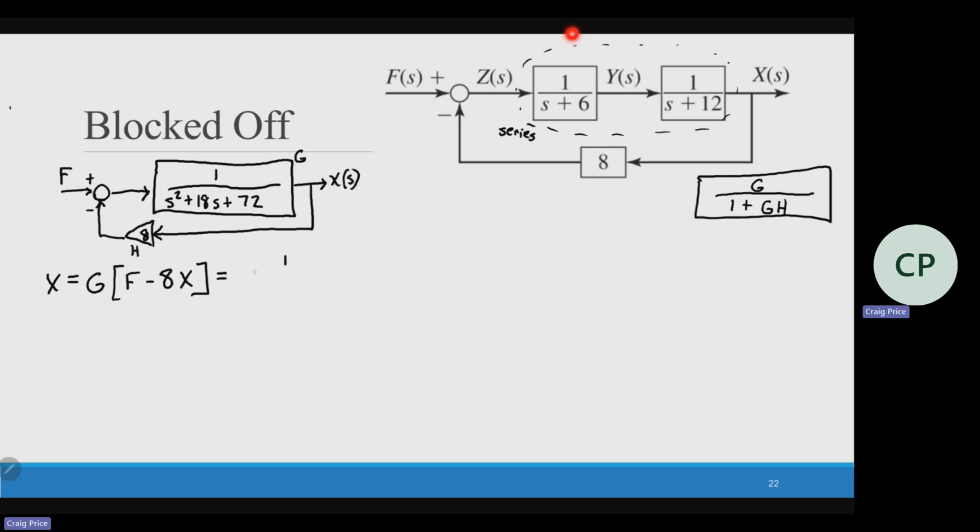So x is equal to, here's s squared plus 18s plus 72 multiplied by f minus 8x.